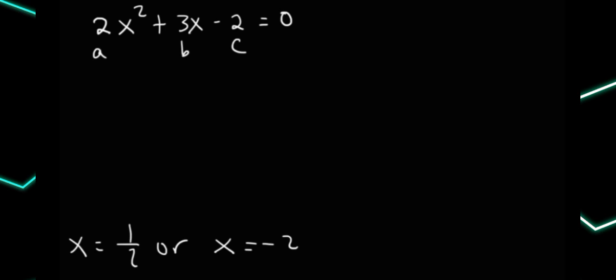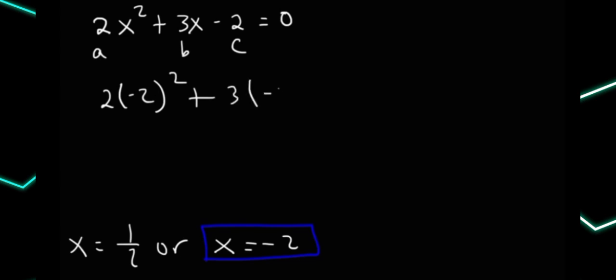In determining that our answer is true, we will use x equals negative 2. We will substitute negative 2 for all the x's in our equation. So, 2 times negative 2 squared plus 3 times negative 2 minus 2 equals 0.